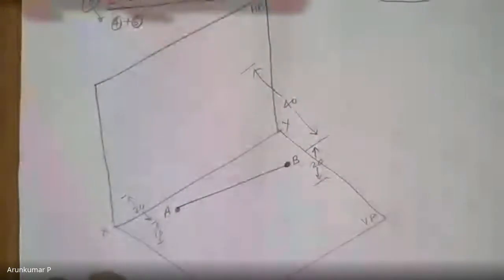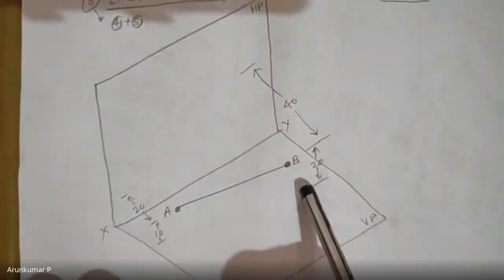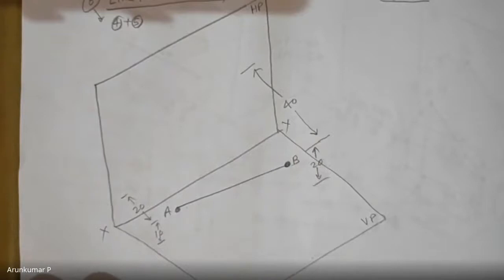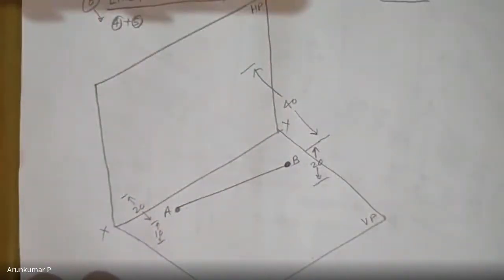So the point that you have to understand here is: A is 10 mm above HP and B is 20 mm above HP. So is the line AB parallel to HP? Got my question?